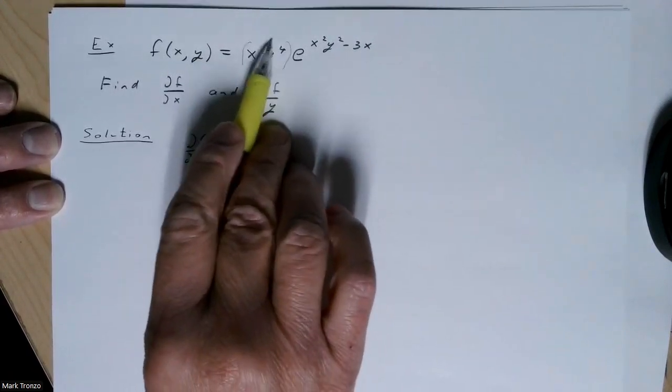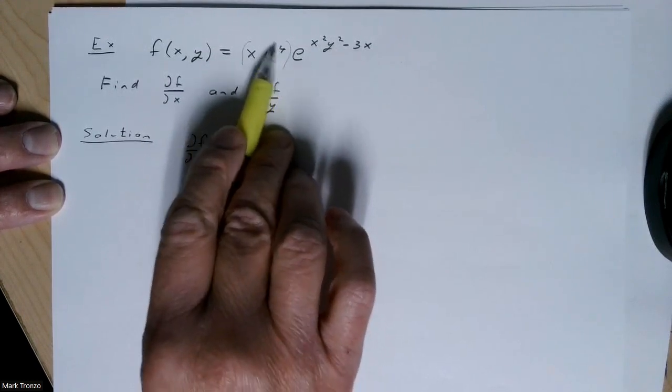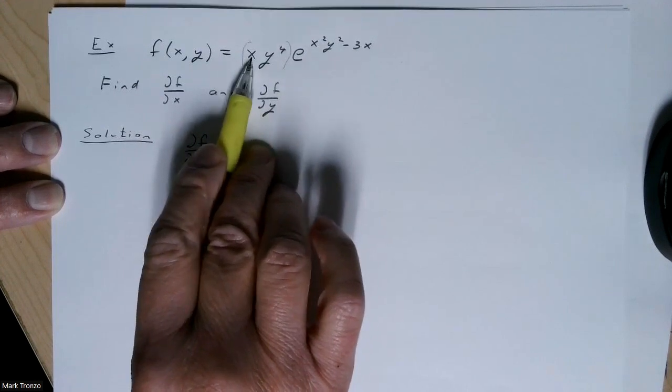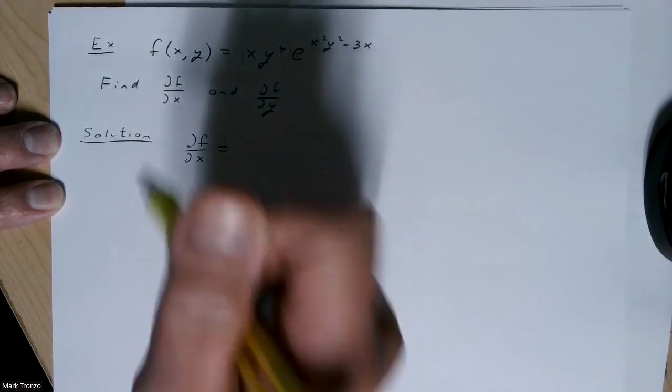So we're going to have the derivative of the first, and the derivative of this with respect to x would just be, this is almost like a constant times x, so the derivative of that would just leave us with a constant.